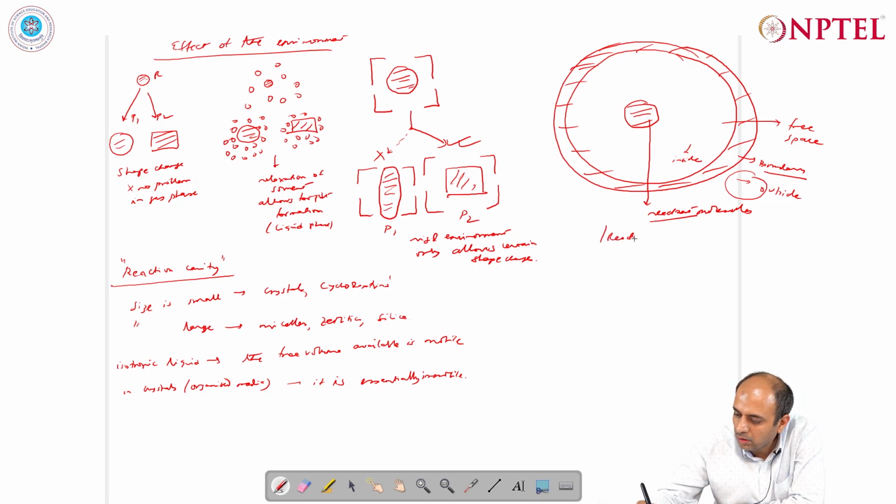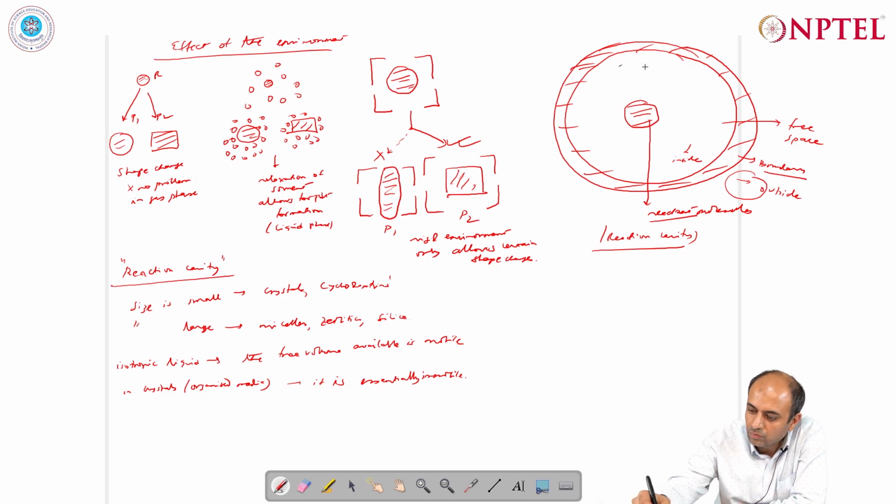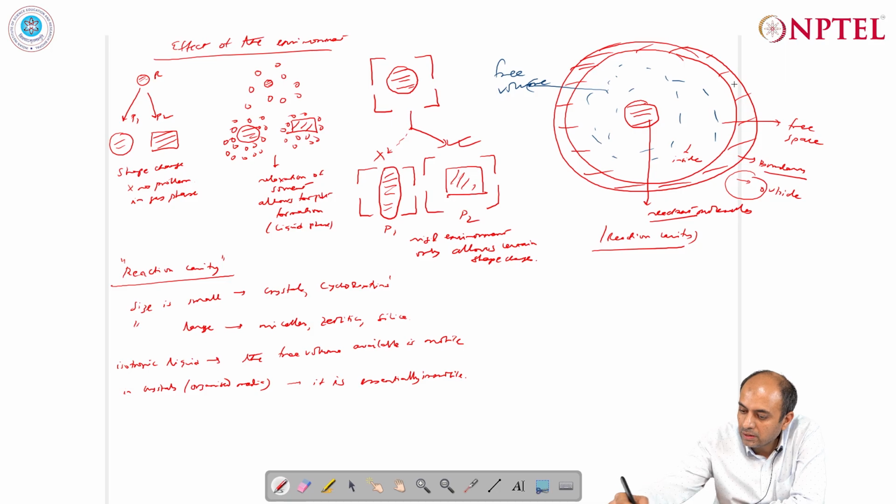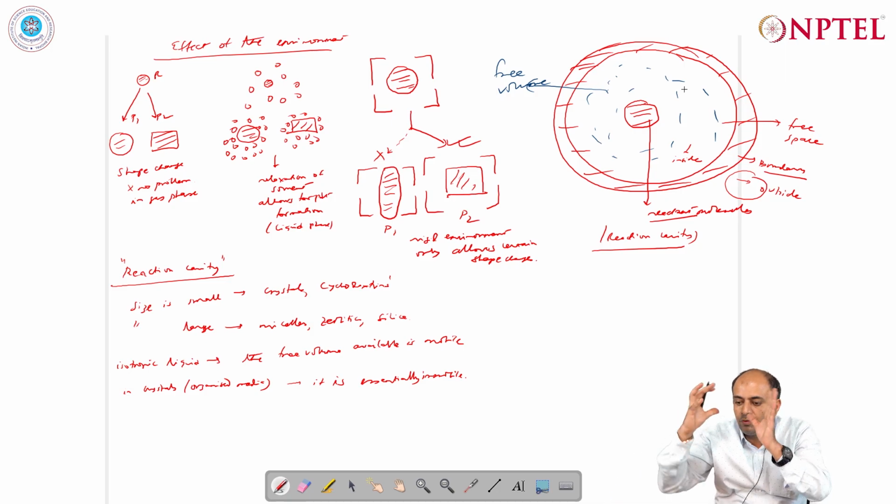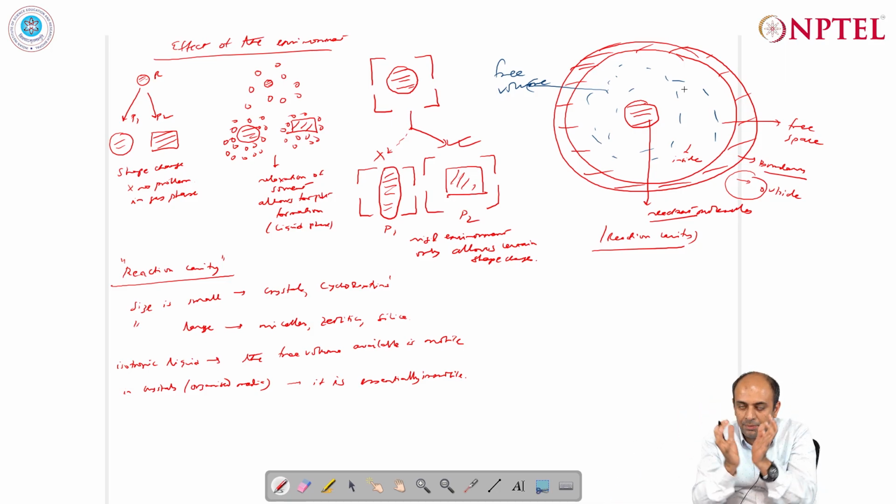This is the overall diagram depicting a reaction cavity, and this region which you see here is the free volume, and in this case you can see that the shape and size of the free volume is important. And what is the overall shape of the free volume?